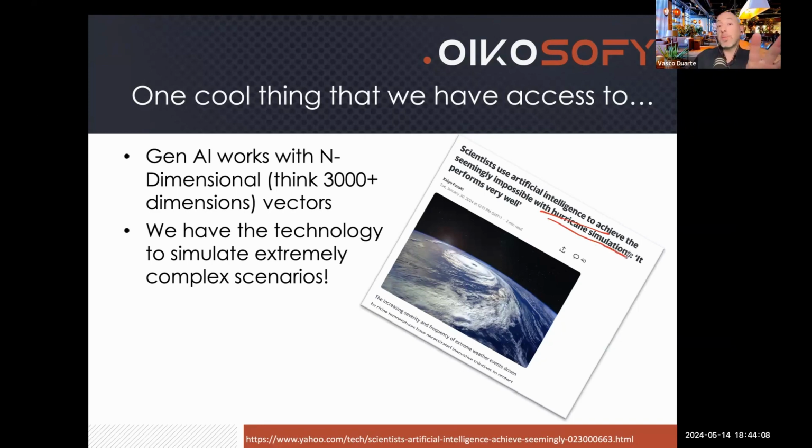And this is very important because the weather is a system that has thousands of variables, and it's very hard to do hurricane path simulation without a computer. And it's also very hard to do with the computer because of so many variables. But generative AI systems can take in a lot more variables and actually provide an outcome in a very short, these days, very short period of time.